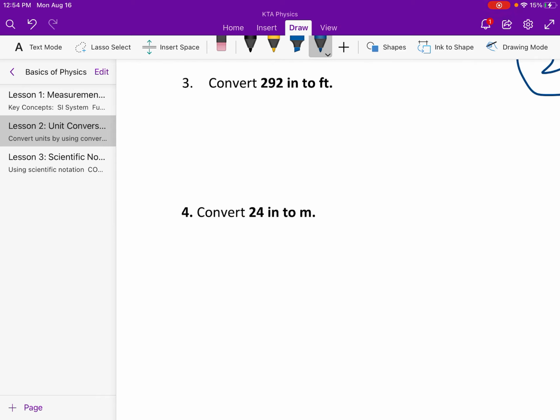292 inches to feet. So, we need to know our conversion factor. Luckily, I know that off the top of my head. 12 inches equals 1 foot. So we put 292 inches here. Different unit on the top, same unit on the bottom.